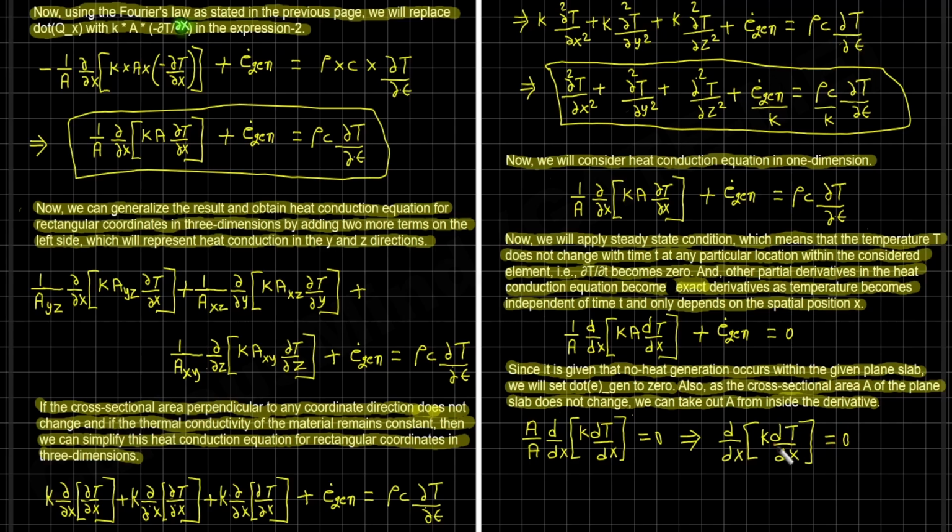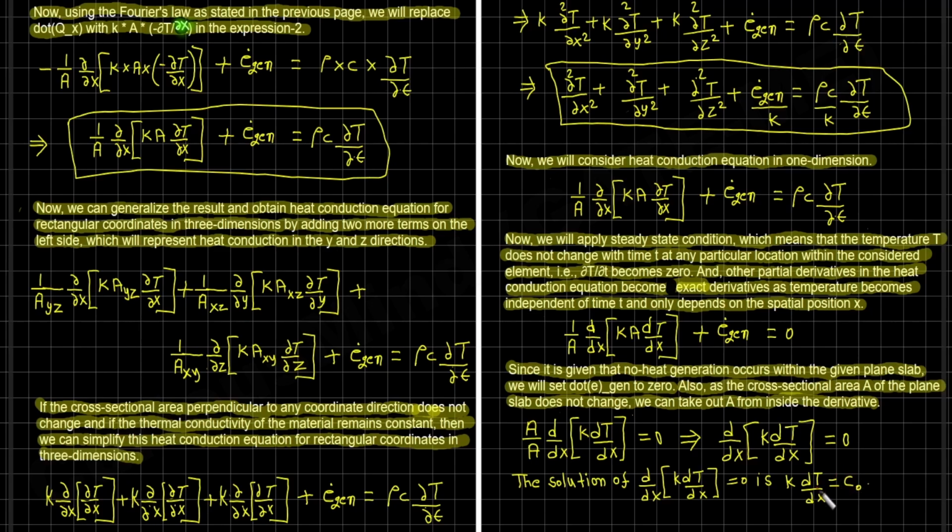So we will set this term to a constant C naught. So the solution of this differential equation is that this term is equal to some constant C naught, and we can assume that this constant is a positive one.